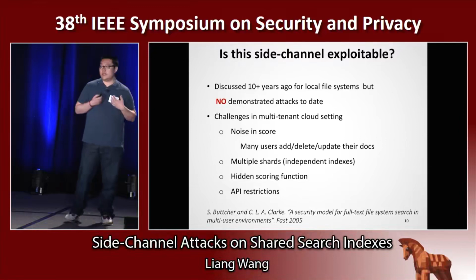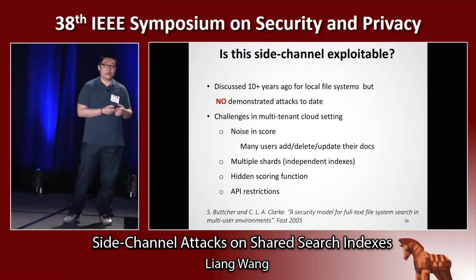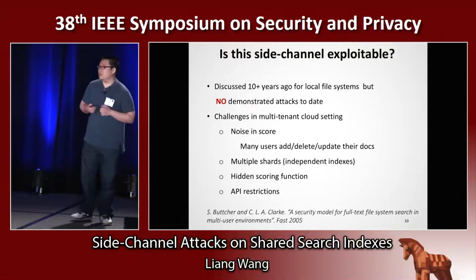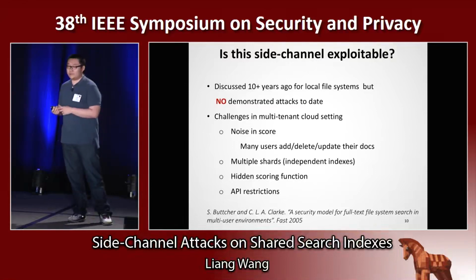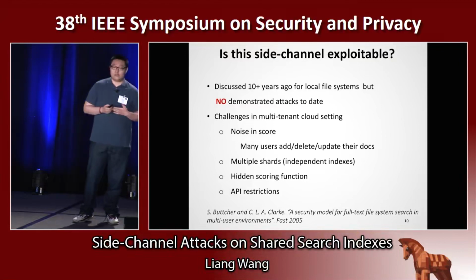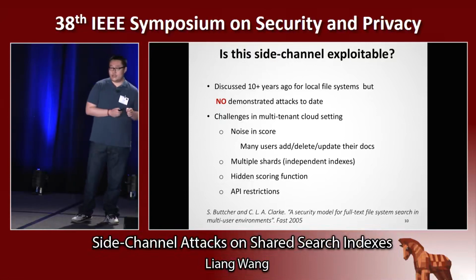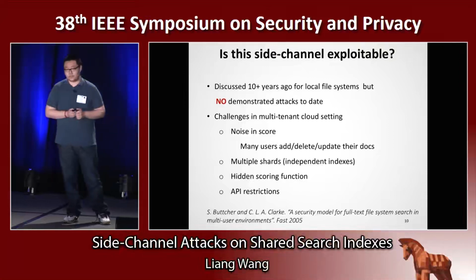But we didn't know before our work if this side channel still exists in modern multi-tenant cloud services. Also, no one has demonstrated any attacks that exploit this side channel against real services.